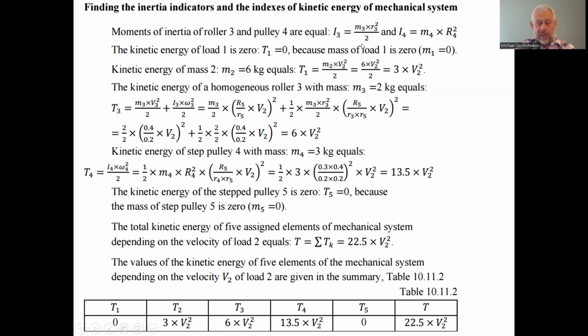This is the moment of inertia relative to the center of mass of the roller number 3. And I4 is the moment of inertia of the stepped pulley number 4, the mass m4 multiplied by the squared radius of the rim, because it is assigned that the mass of the fourth pulley is distributed evenly along its rim.